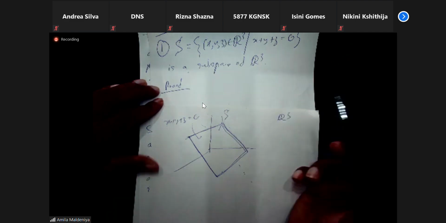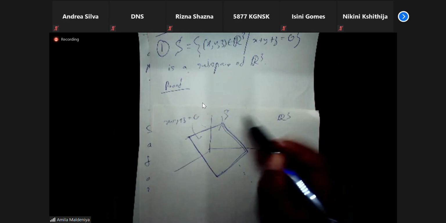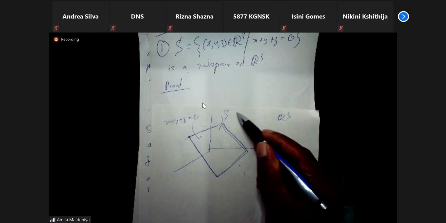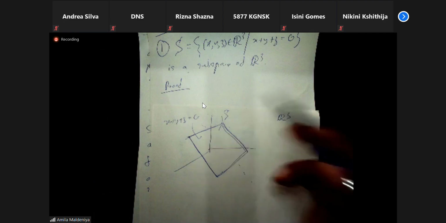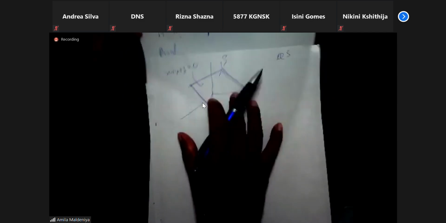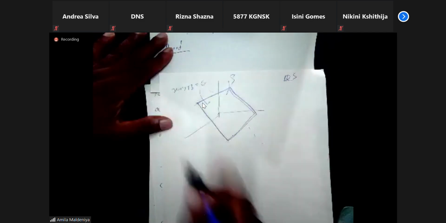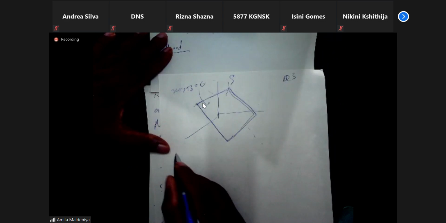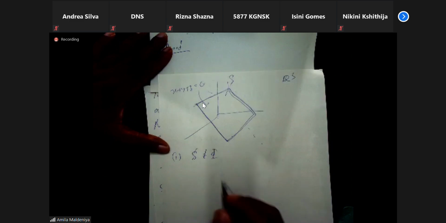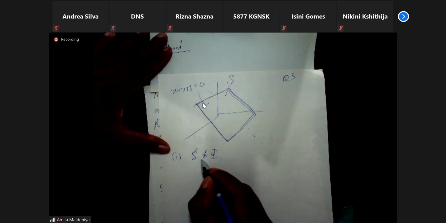So for that, you have two methods. One is to prove it satisfies all the 10 axioms, or use that theorem. If you use that theorem, you just need to prove two things. First, S is non-empty. That is very important, S has to be non-empty.